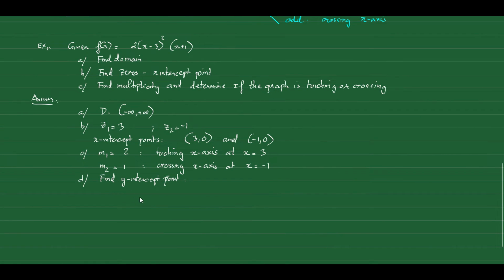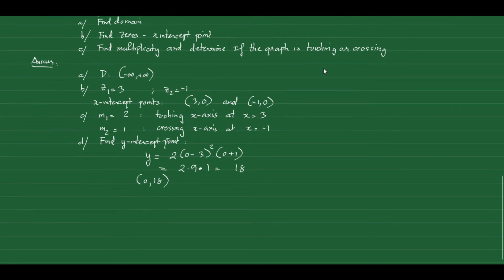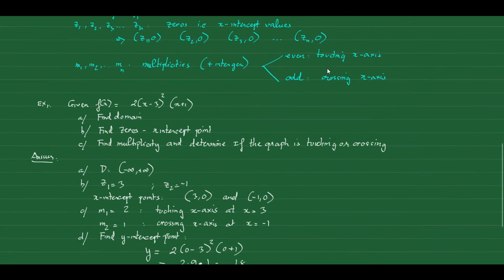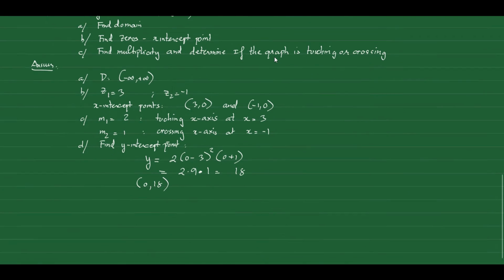So you will have y equal to 2 times (0 minus 3) squared times (0 plus 1). Calculate them out, which is 2 times 9 times 1, which is 18. So the y-intercept point will be (0, 18). There you go. Very simple.